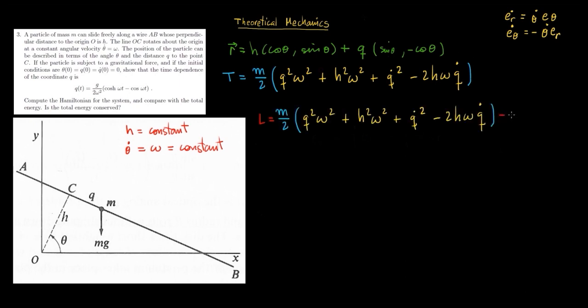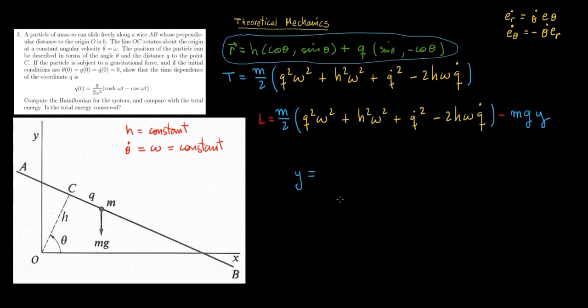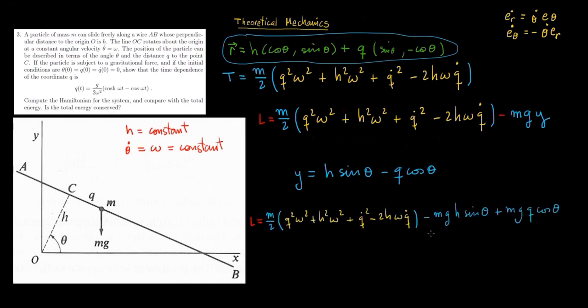Let's see. It will be mg times the y component, but the y component equals the y component of the r vector. So we have h sine theta minus q cosine theta. Okay, let's substitute. So the Lagrangian equals m over 2 times the whole expression, minus the potential energy.